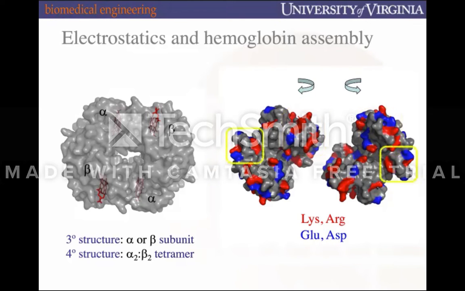And to the right, yes. Yeah, so when we were looking back at the primary structure, it's the amino acid sequence that determines if it's an alpha, a beta, a delta, or epsilon.